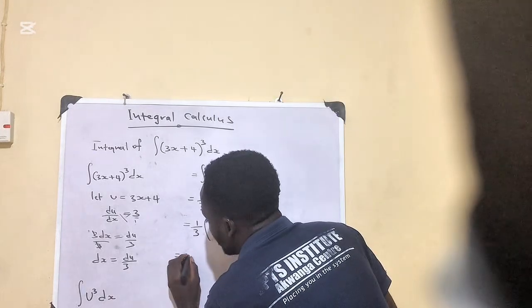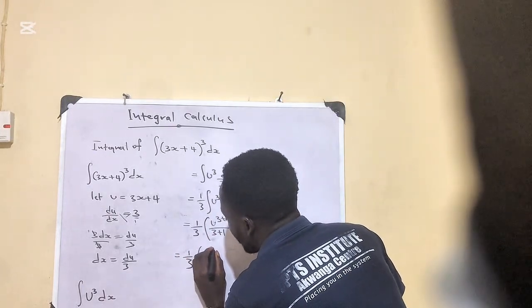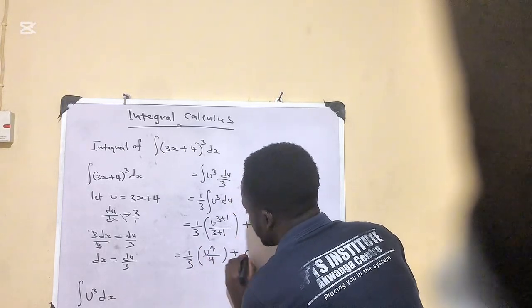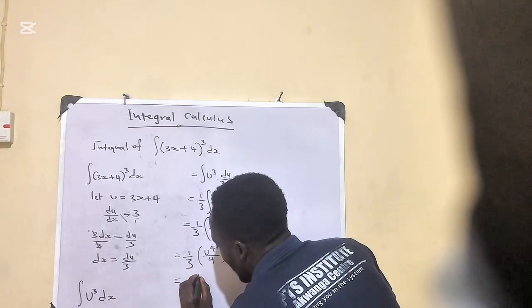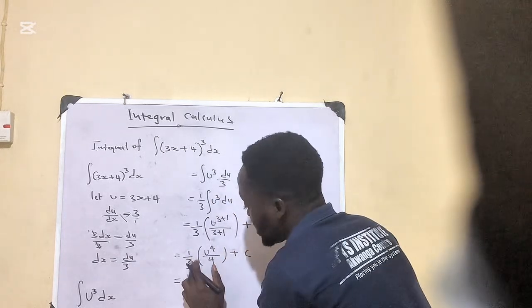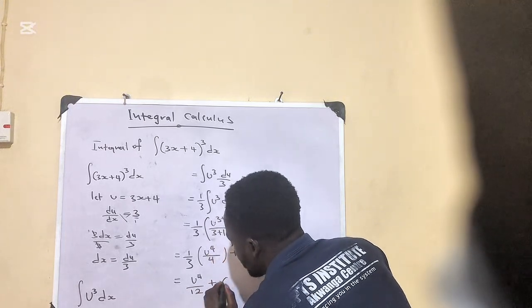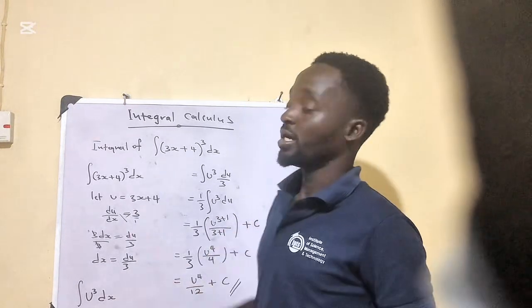So this is going to be 1 over 3, then u to the power of 4, divided by 4, plus c. If we multiply, 3 times 4 is going to be 12. So this is u to the power of 4 over 12 plus c, which is our constant of integration. And so this is the final answer to this question.